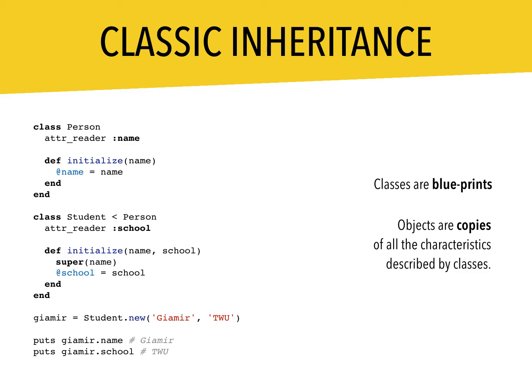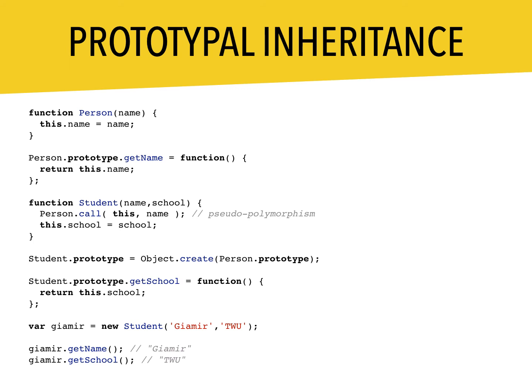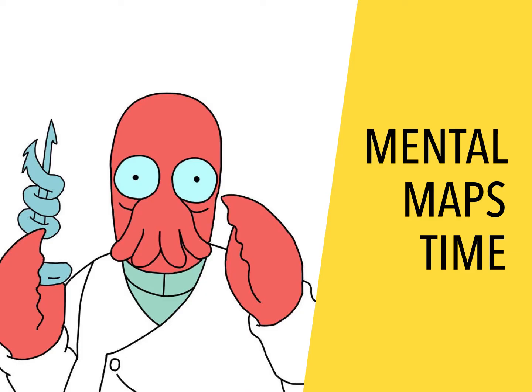So in JavaScript, obviously we don't have classes, so we have to try to fake classes using the prototype chain. And one of the most used ways to create pseudo classes in JavaScript is using prototypal inheritance. So let's try to understand how prototypal inheritance works with mental maps.